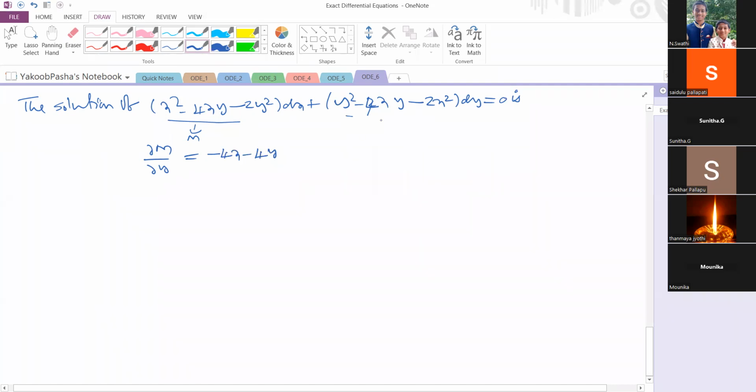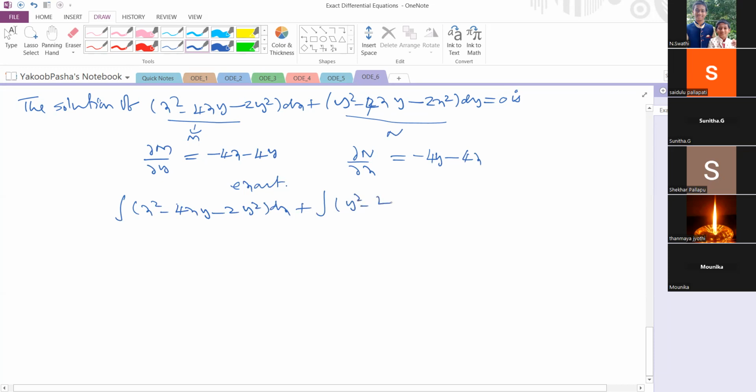And here this is the value N. So dou N by dou x is equal to, we are doing partial differentiation with respect to x, so minus 4y minus 4x. So both are equal. So the given differential equation is exact. Whenever it is exact, we can find the solution by integrating directly. Integral (x square minus 4xy minus 2y square) dx plus integral (y square minus 4xy minus 2x square) dy is equal to c.